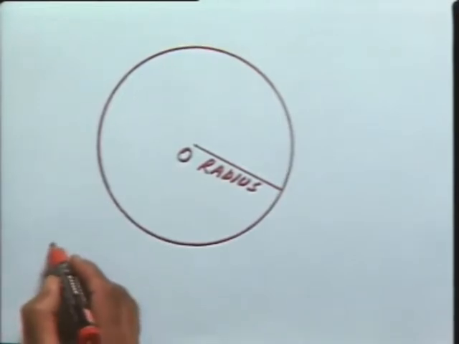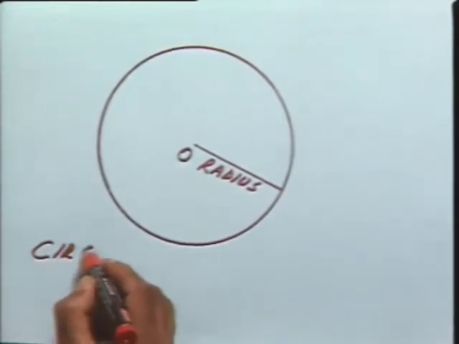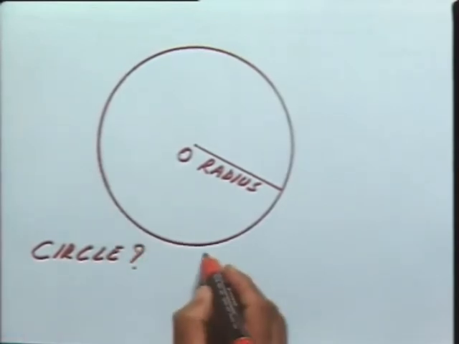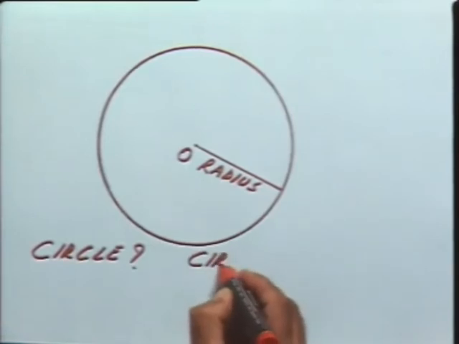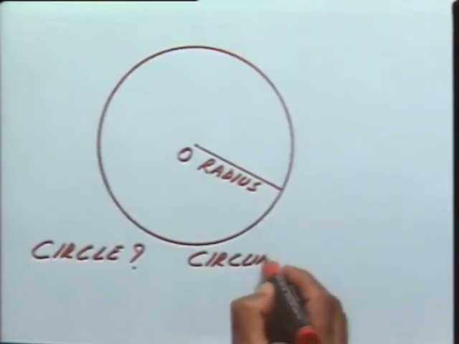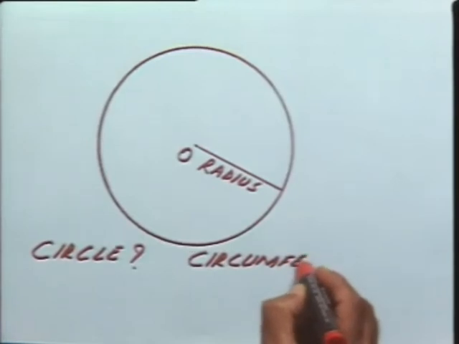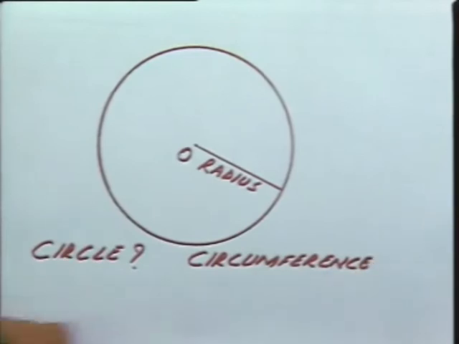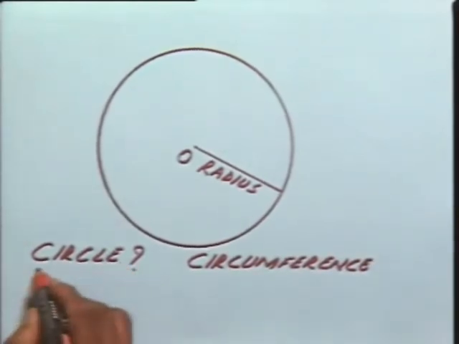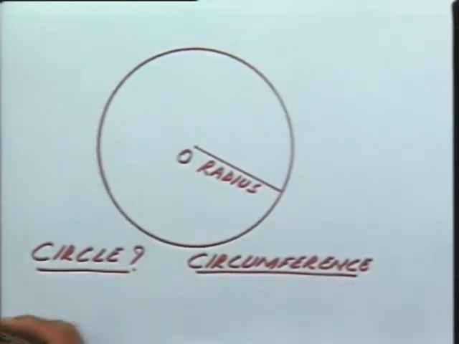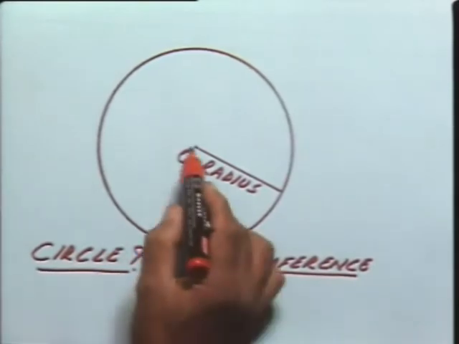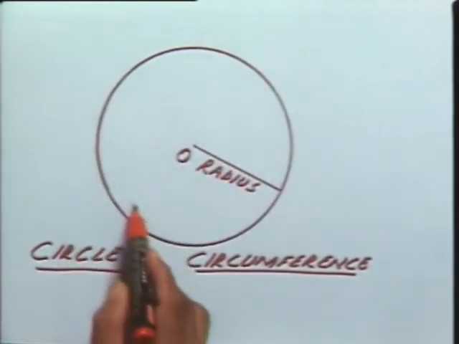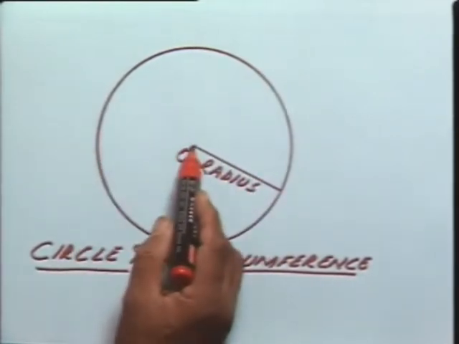But the question is, which part of the figure is the circle and which part of the figure, as in previous classes you must have mentioned, is the circumference. Now, these two things we need to be very clear about, that is, we want to know the difference between circle and circumference. Remember, we said that the set of these points which are equidistant from a given point is the circle.